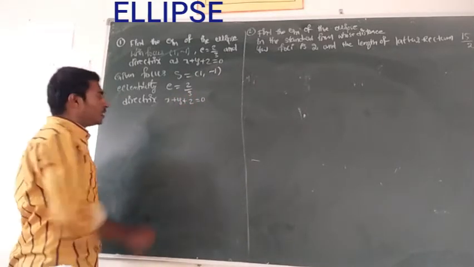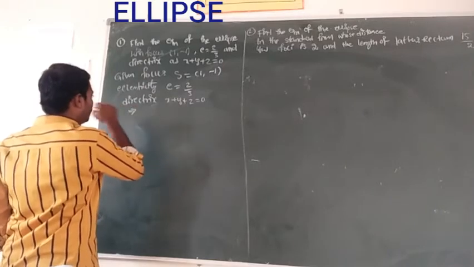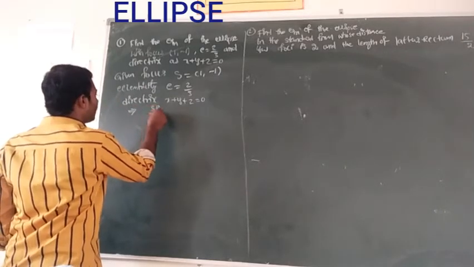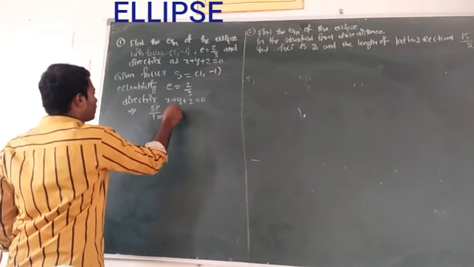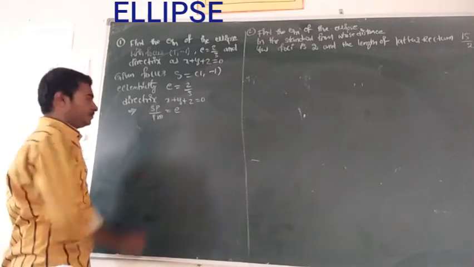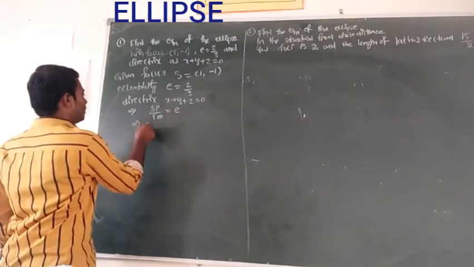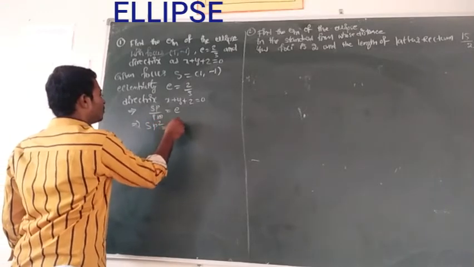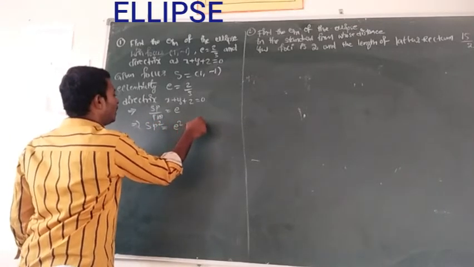Clearly we know that SP by PM equal to e. It is a conic. From this, SP square equal to e square into PM square.